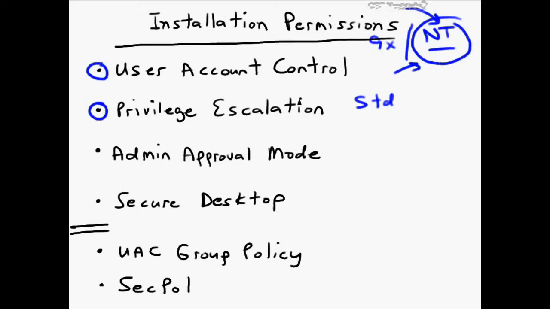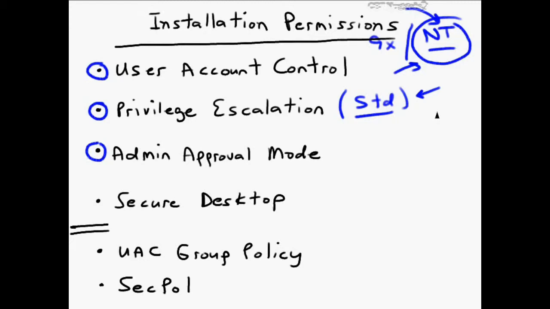So the way UAC works in Windows 7 by default is that even if you're logged onto the system as a domain or local administrator, you're still running largely in a standard user access token. The great benefit from that from a security standpoint is if malicious software were to infiltrate the computer and run code, that code would only run as high as the currently logged on user's access token, which by default in admin approval mode means that even administrators have a standard access token by default.